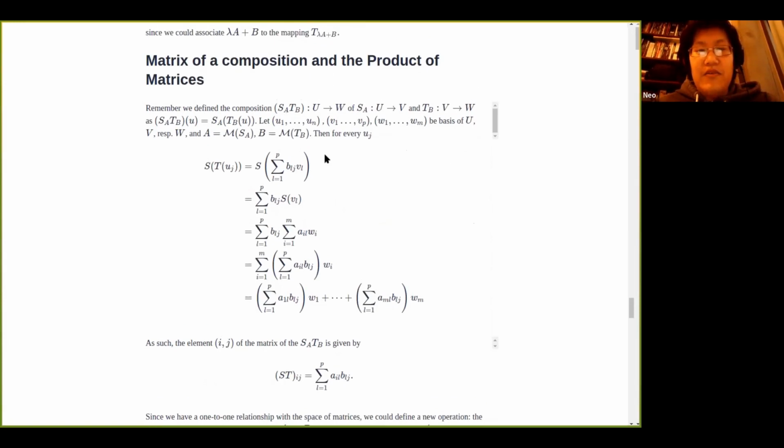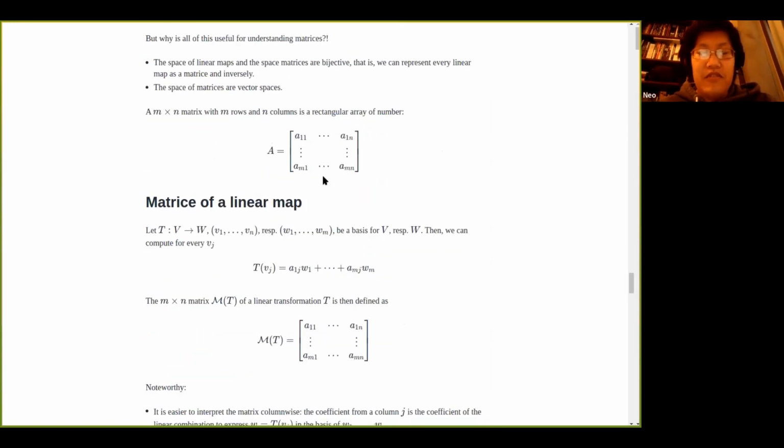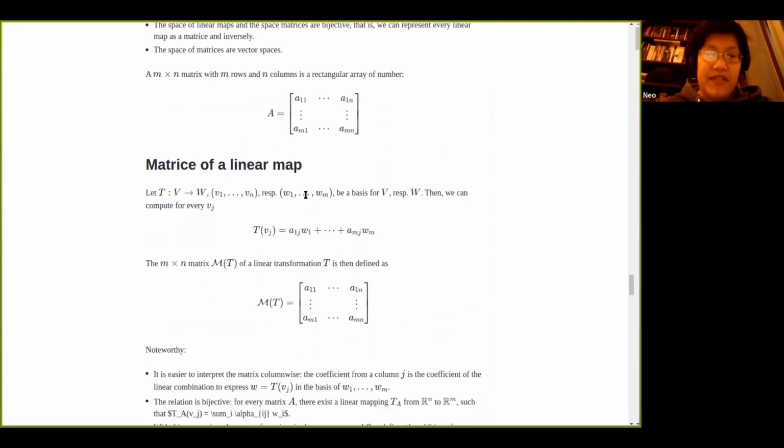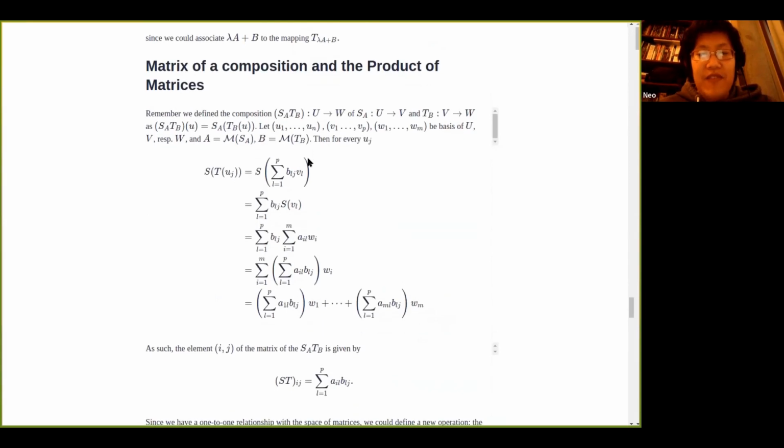Okay, so now we have this link between linear transformations, so just think of functions, and matrices. And the reason we have this matrix product is because, as I said, the chaining of function calls of linear maps is also a linear map.